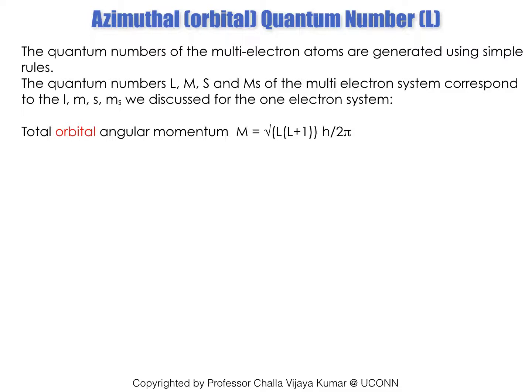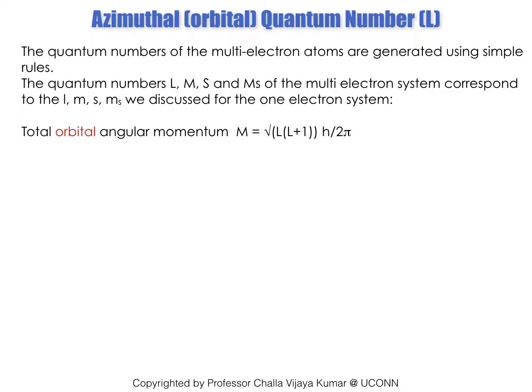Total orbital angular momentum means all the orbital angular momentum summed together. That is, M is given by the square root of L times L plus 1, times h-bar, or h over 2 pi, where the capital L is the total orbital angular momentum quantum number, or the azimuthal quantum number for the multi-electron system.